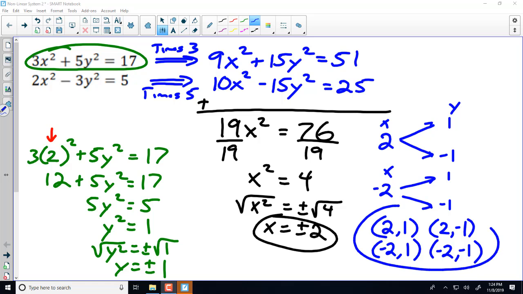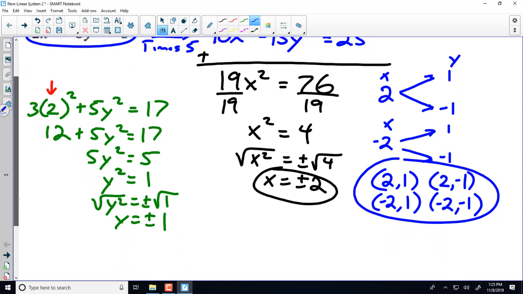We get 4 answers. What we should do with those 4 answers is check them in the other equation, the 2x squared minus 3y squared equals 5 equation. But here's the idea, everyone. Whether you plug in a 2 or a negative 2 for x, it doesn't matter. And whether you plug a 1 or a negative 1 in for y, it doesn't matter.